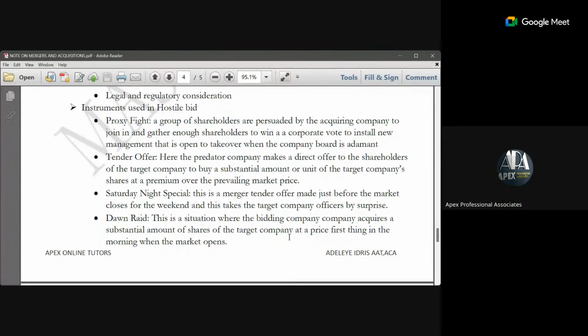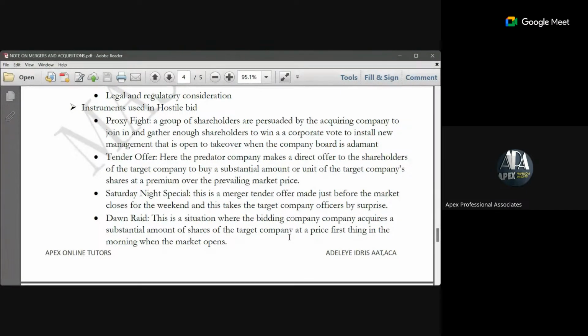We already know what a tender offer is. So before the market closes for the weekend, they propose a tender offer such that upon opening the market, the management team or the officers of the target company will come and realize that something has happened overnight. So that is a Saturday night special.